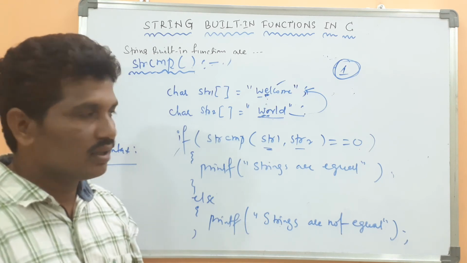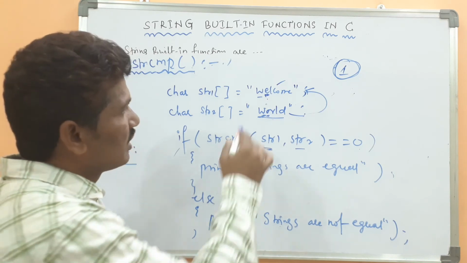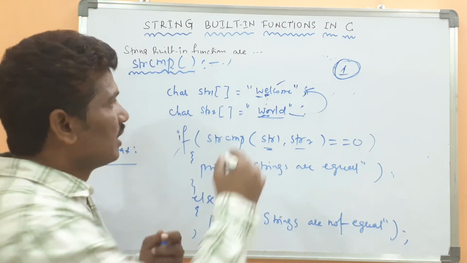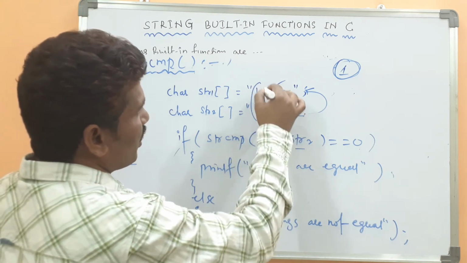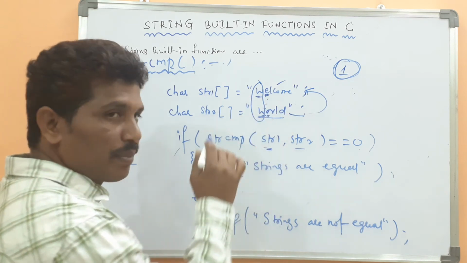Hope it is clear? The first string is compared with the second string. How? The first character in the first string is compared with the first character in the second string. If both are matched, there is no problem. Then we go to the second character for comparison.